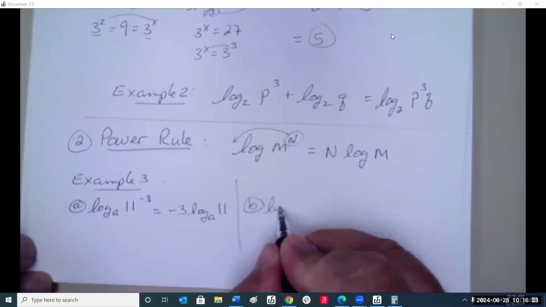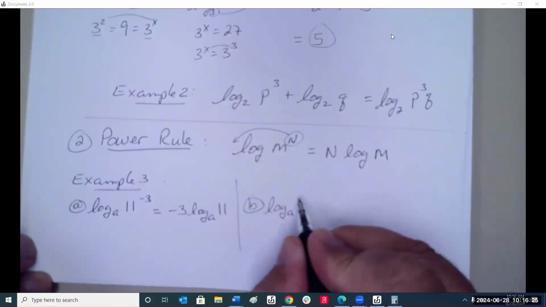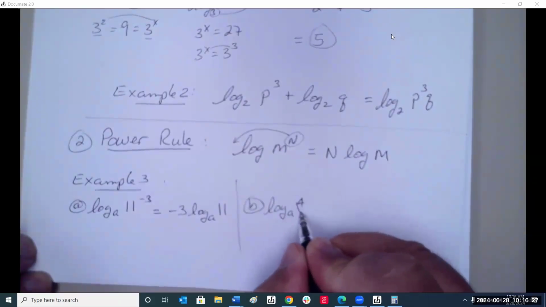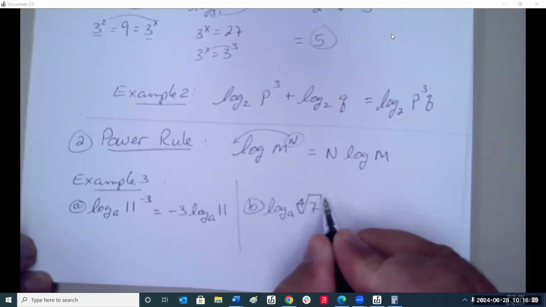B is log base a of the fourth root of 7.